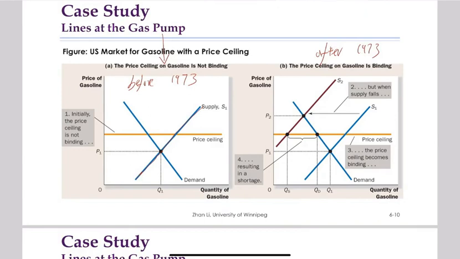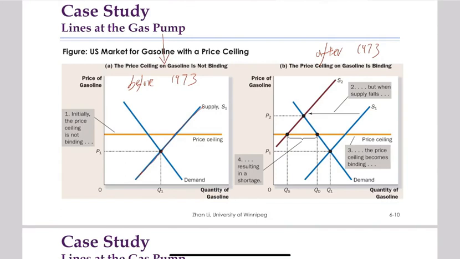So everything was fine. Market was in equilibrium. There were no shortages, right? Now let's say after 1973, the price ceiling imposed by the US government stays the same. But now, because of the supply shock created by OPEC, we would see that the supply curve shifts to the left.